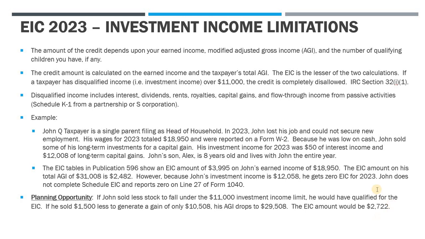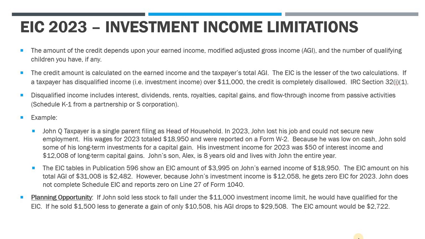And so he definitely misses out. If he had just sold a little bit less, he would have qualified for this large amount of the EIC credit. So this is kind of the beauty of hindsight, but also a planning opportunity if you find yourself in this position, right?